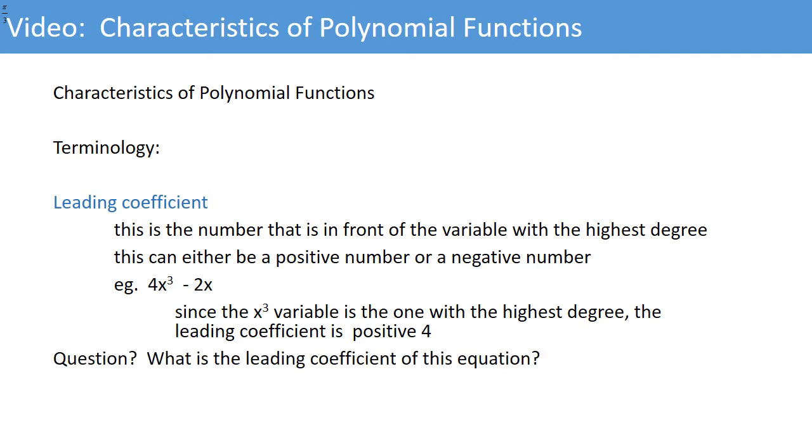Here's a question. What is the leading coefficient of this equation? Negative 2x to the exponent 4 minus 2x cubed plus x squared plus 2x. Since x to the exponent 4 is the variable with the highest degree, the coefficient is negative 2.